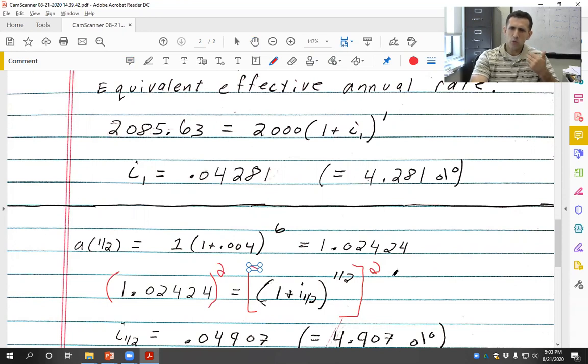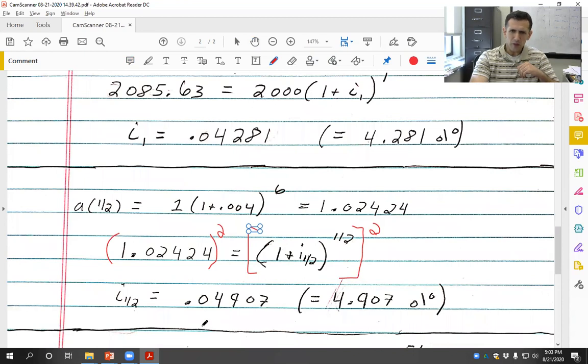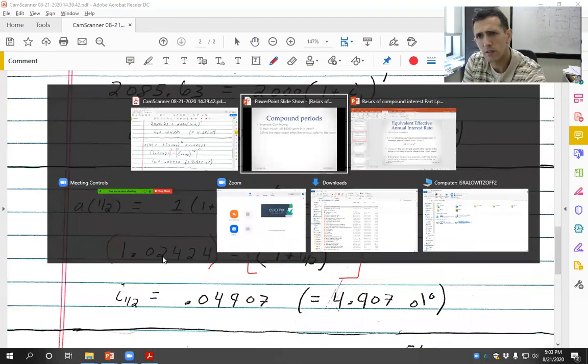All right, so we square both sides, subtract 1, and we get I 1/2 is 0.04907, just 4.907%. Okay. That's the equivalent effective annual interest rate for this 1/2 period, the second half of this year we're considering. All right.